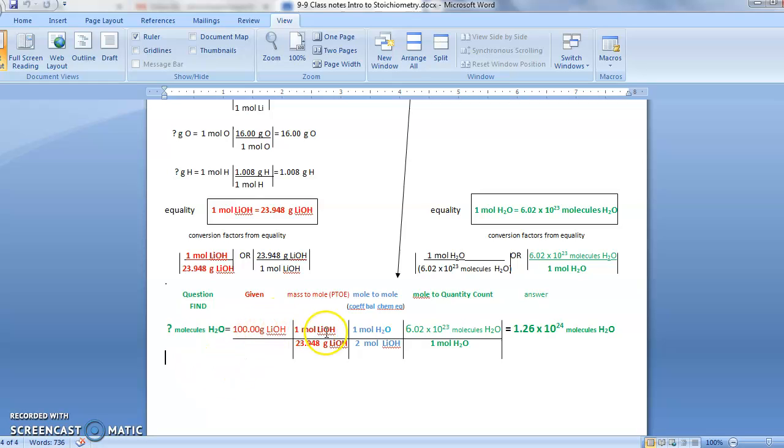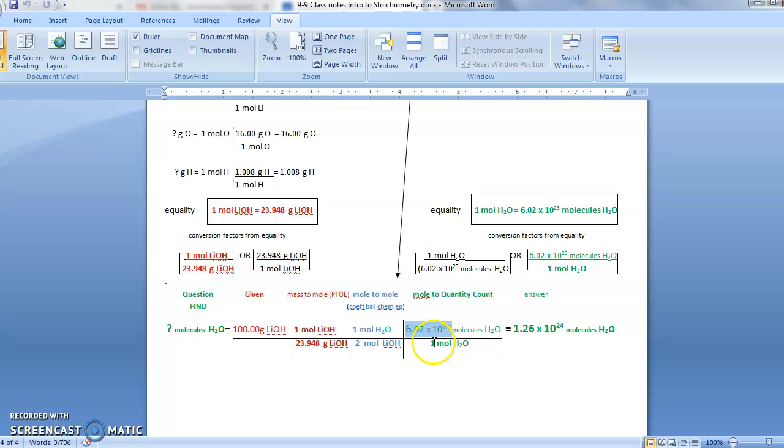So grams cancel with grams. Moles of lithium hydroxide cancel with moles. Moles of water cancel with moles of water. I'm left with the unit molecules of water, which is what I'm trying to find. So I would take 100 divided by 23.98, hit equals. I could divide that by 2, hit equals, and then multiply it by Avogadro's number here.